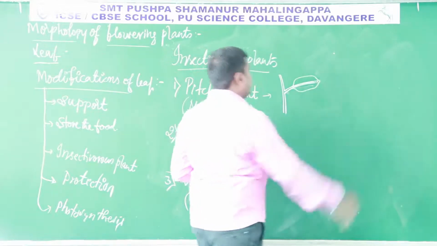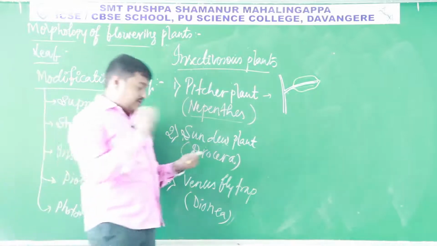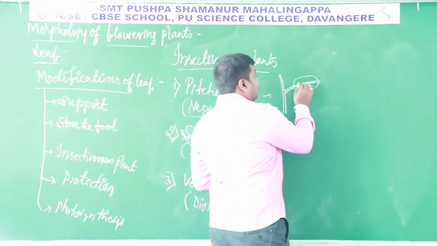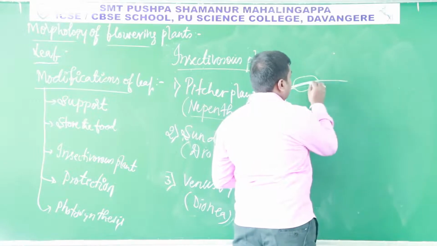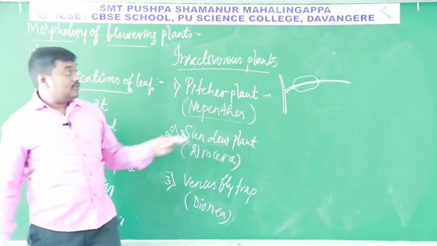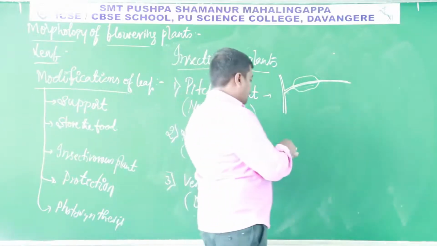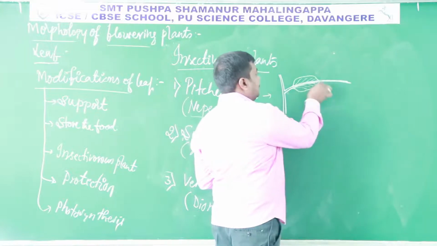So this is the actual leaf which is produced in pitcher plant. Okay, here, but this midrib further extends. Extra growth happens like this. Okay, so the leaf lamina performs the normal photosynthesis. So this is a leaf that does normal photosynthesis.